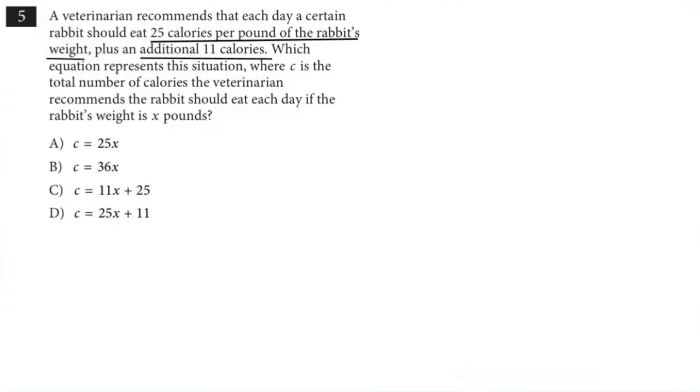Which equation represents the situation where C is the total number of calories the vet recommends the rabbit should eat each day if the rabbit's weight is x pounds? So x pounds is the rabbit's weight, and 25 calories times the weight, whatever the weight is, plus an additional 11 calories, and this will give you the total. So which expression matches? D is the correct answer.